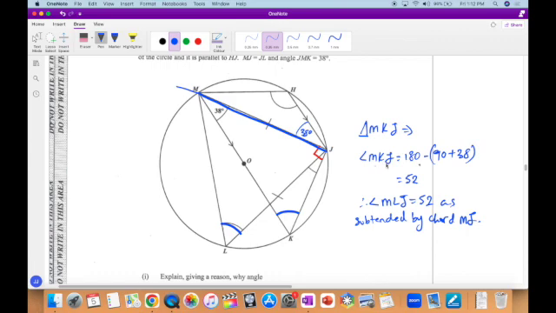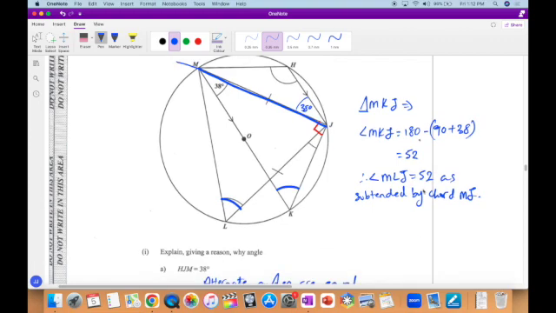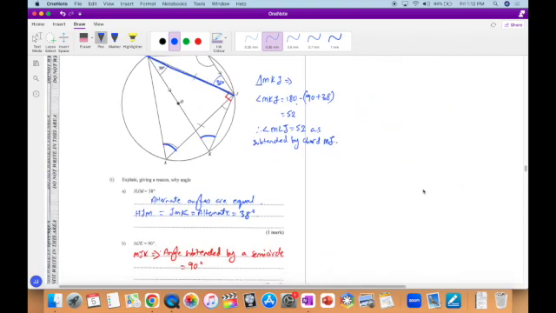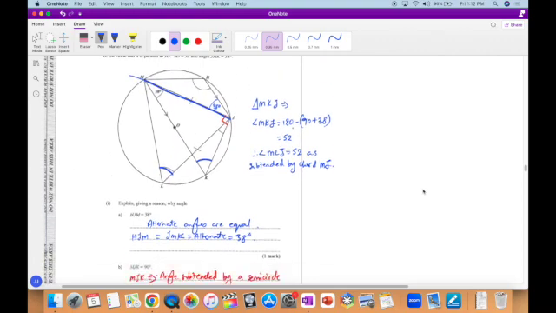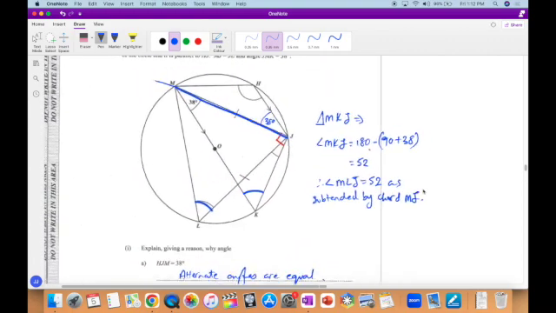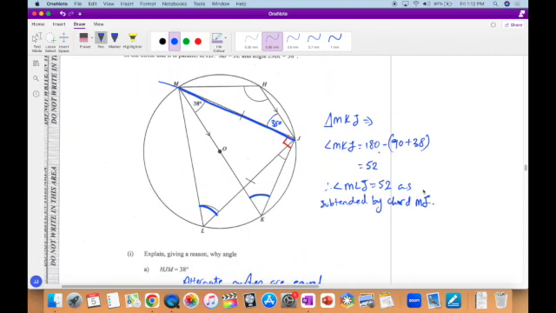So MKG is also subtended by the chord MG. Just to recap a little bit, we have this triangle here.